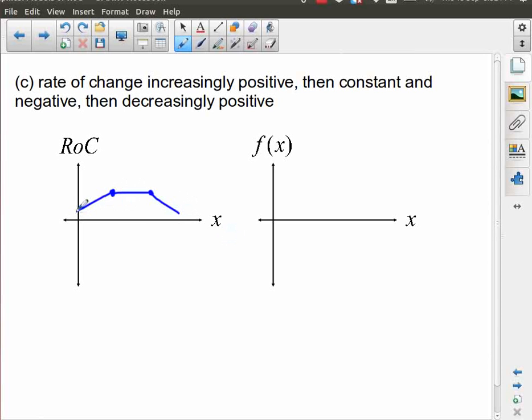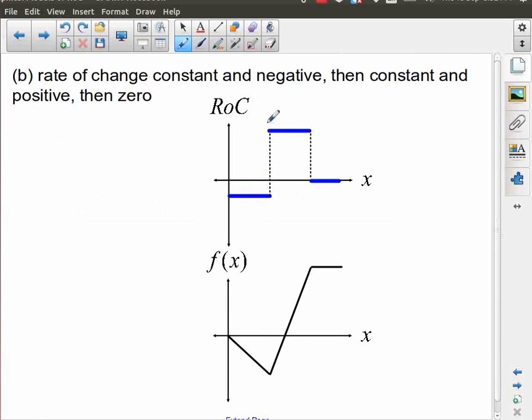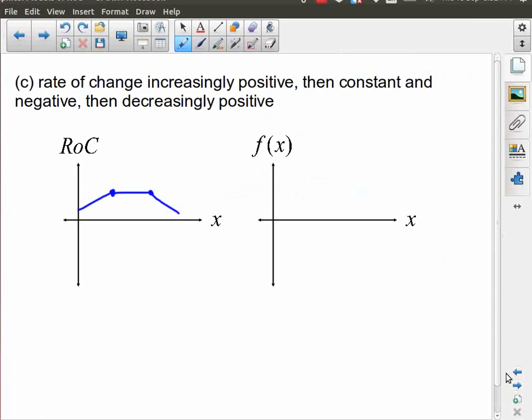Now this is interesting because unlike the previous rates of change that we were looking at where it was jumping around, this is a little bit more realistic in the sense that it actually increased and decreased. Again, just like before, I could have started this at 0. I couldn't start it below 0 because it said it was always positive. So this one is always positive.